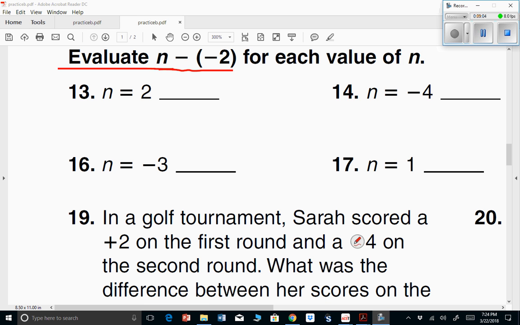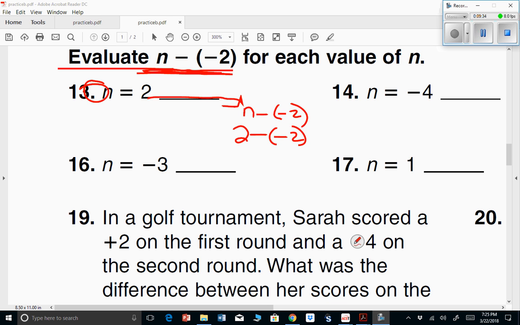So what you would write on your paper is n minus -2. So we have copied the expression that we are supposed to evaluate. We're going to do number 13, where it says that n equals 2. So if n equals 2, we can just go ahead and plug in 2 where the n is. So our problem is 2 minus -2.